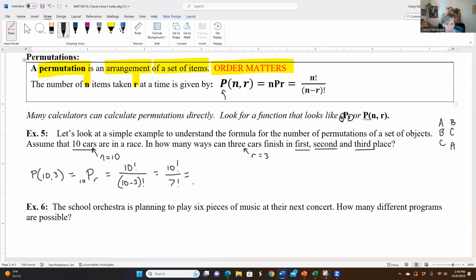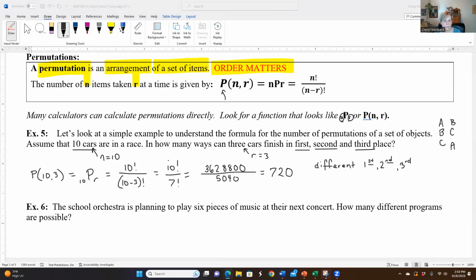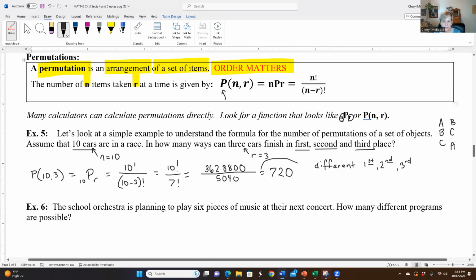And you could punch those numbers out on your calculator to see what they equal. In fact, let's do that. So if you did it this way, you get 3,628,800 divided by 5,040, and you get 720 different first, second, and third place combinations.